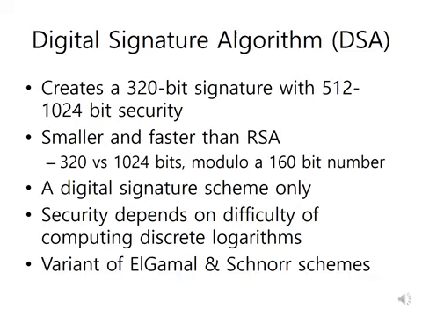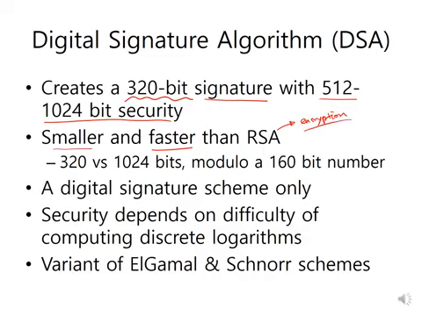The DSA algorithm can create a 320-bit signature, and it can guarantee security with 512 to 1024-bit keys. Compared to the RSA, it is much smaller and faster. This is because the RSA is implemented for data encryption rather than digital signatures.